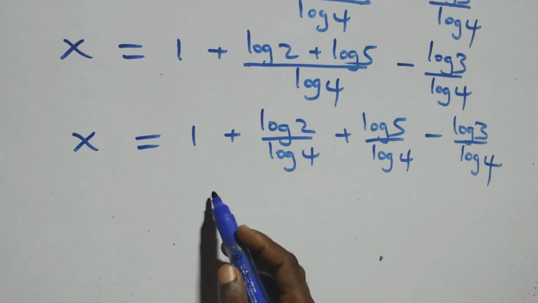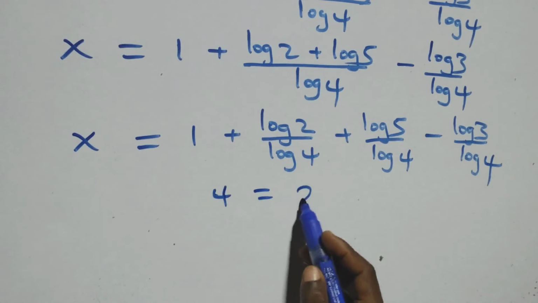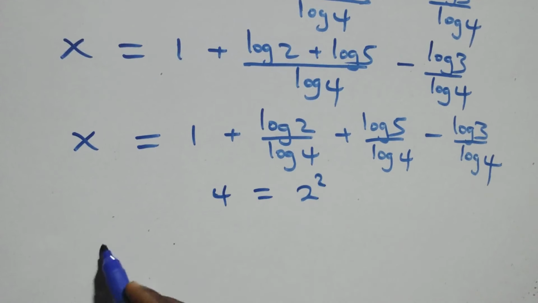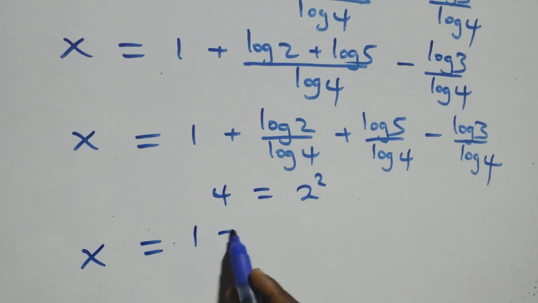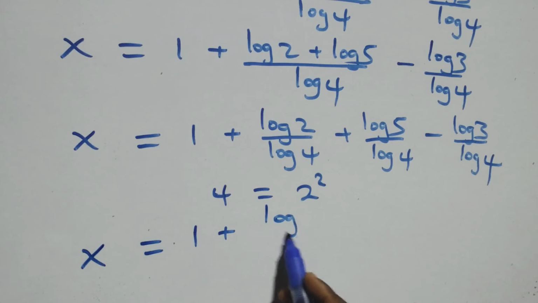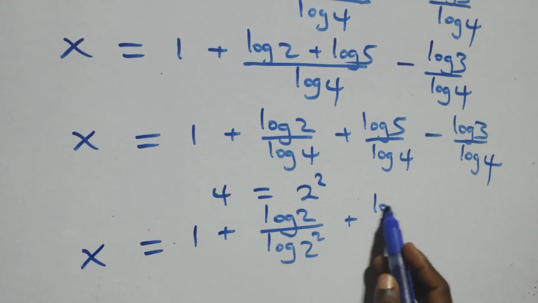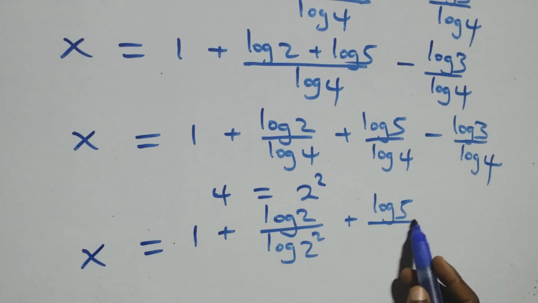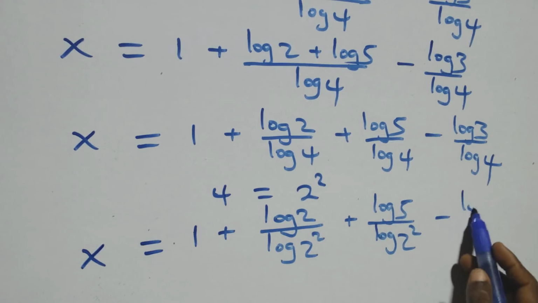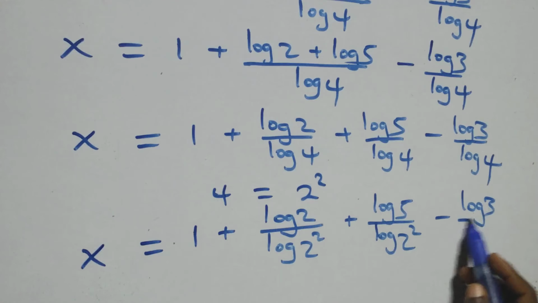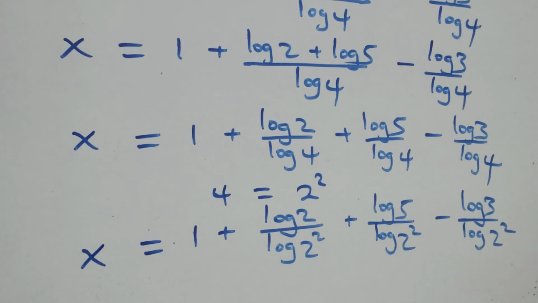The next step here, we can write 4 as 2 times 2, that's 2 squared. And we have x equals 1 plus log 2 over log 2 squared plus log 5 over log 2 squared minus log 3 over log 2 squared.